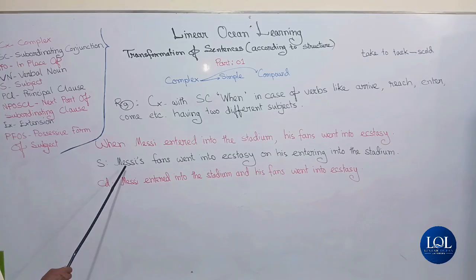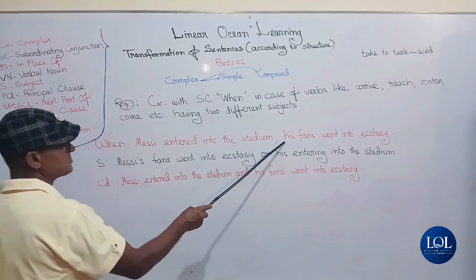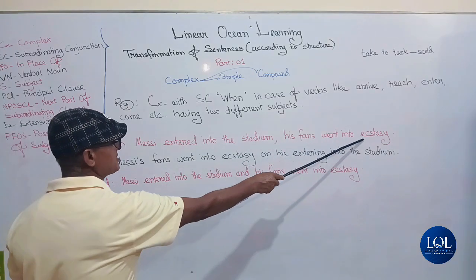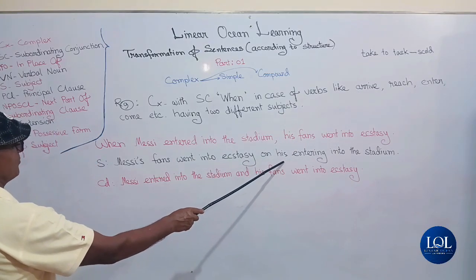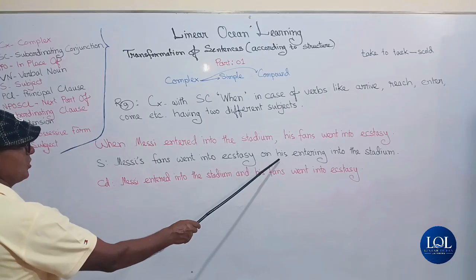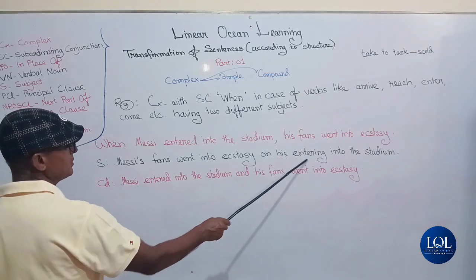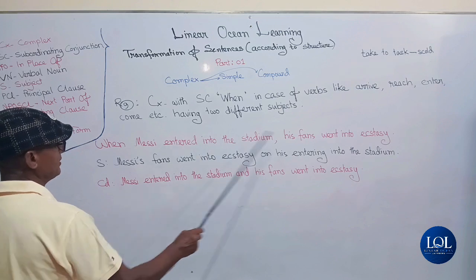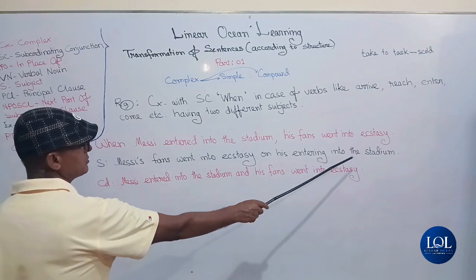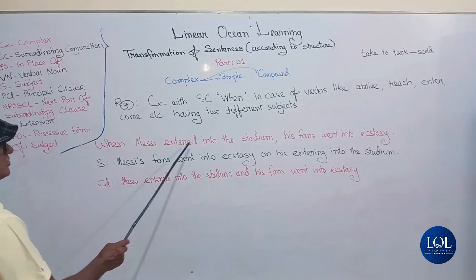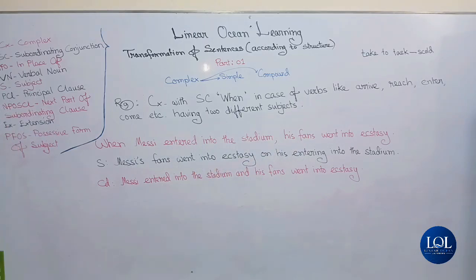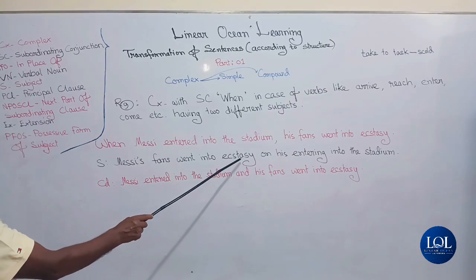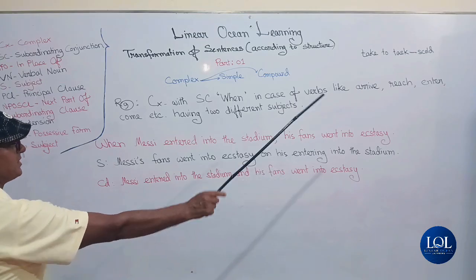In that case: Messi's fans went into ecstasy, principal clause, on his, possessive adjective of the subject, on his entering, the verbal noun of entered is entering, into the stadium. When Messi entered into the stadium, his fans went into ecstasy. Simple will be: Messi's fans went into ecstasy on his entering into the stadium.